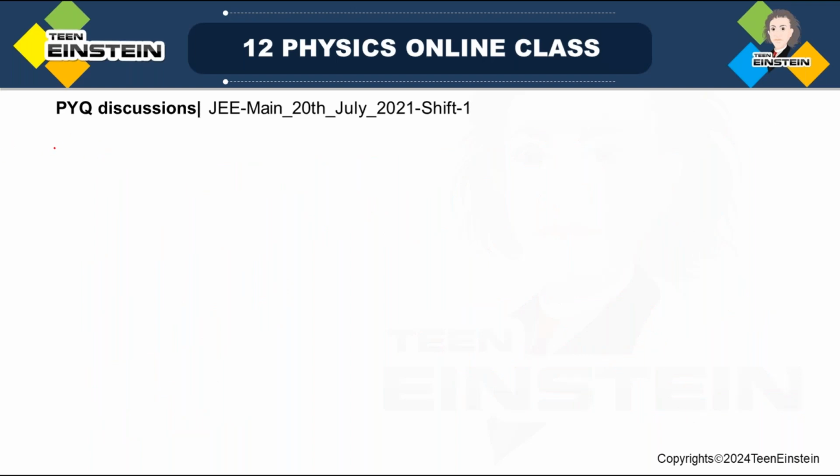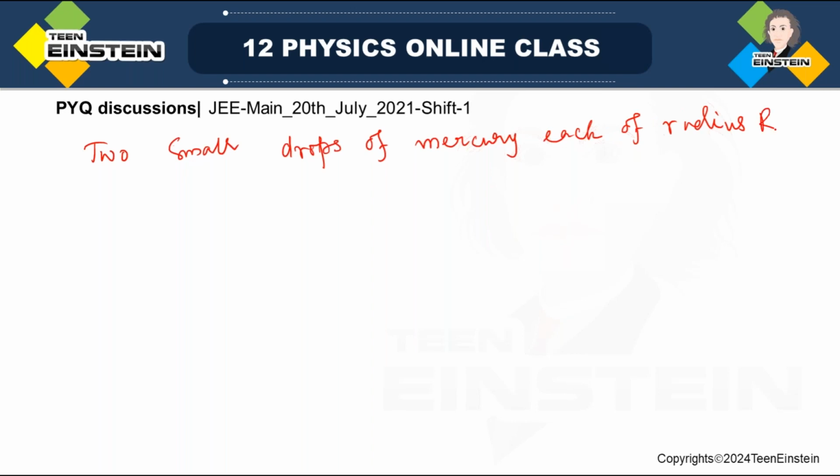See, there is a problem here. The problem says two small drops of mercury, each of radius r, coalesce to form a single drop.